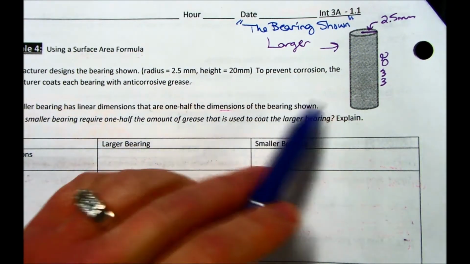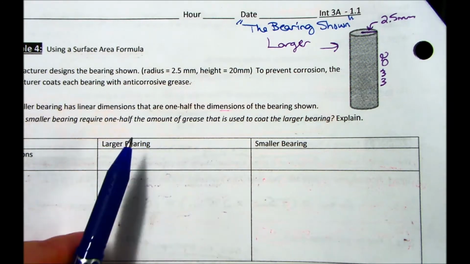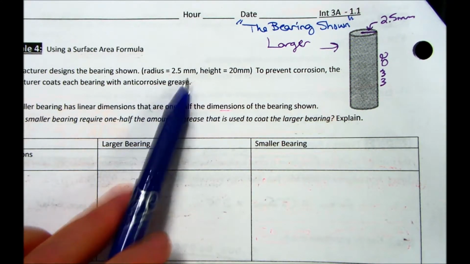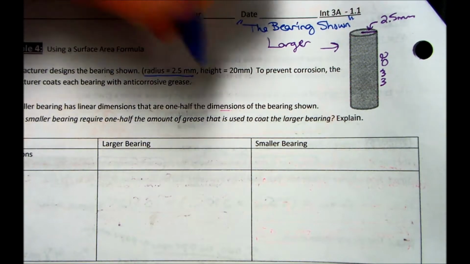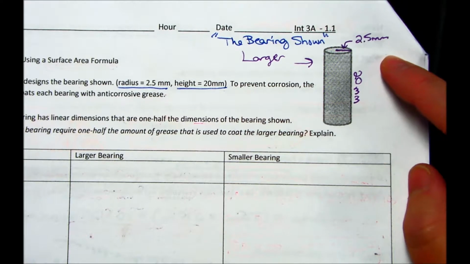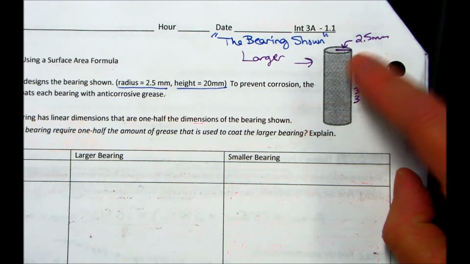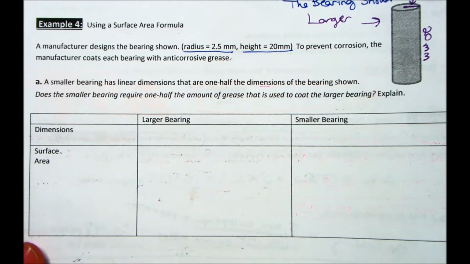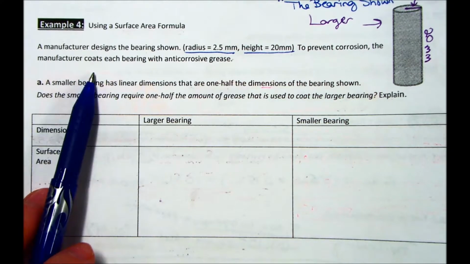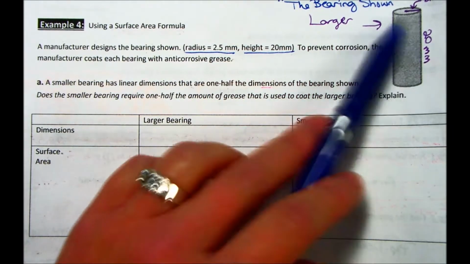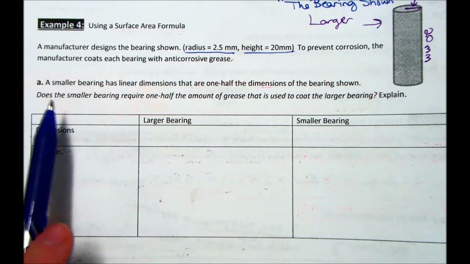So this bearing is basically in the shape of a cylinder, and it has a radius of 2.5 millimeters and a height of 20 millimeters. So you can see I put those labels on the radius here at the top of the cylinder and the height of the cylinder. The directions say that to prevent corrosion, the manufacturer coats each bearing with anti-corrosive grease. So we're going to be covering this bearing with grease.